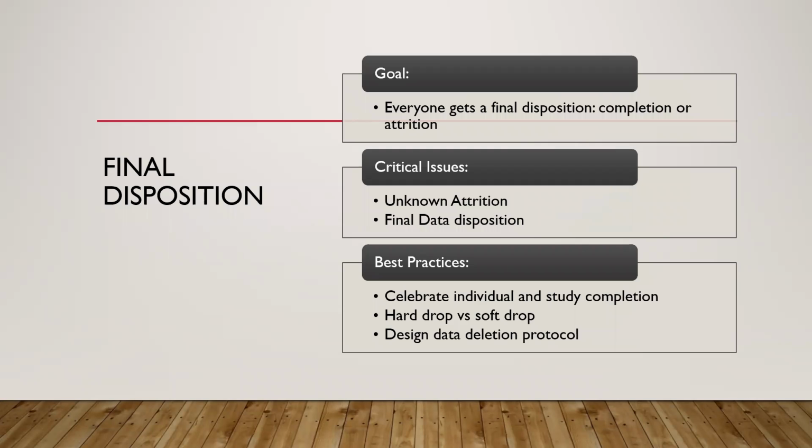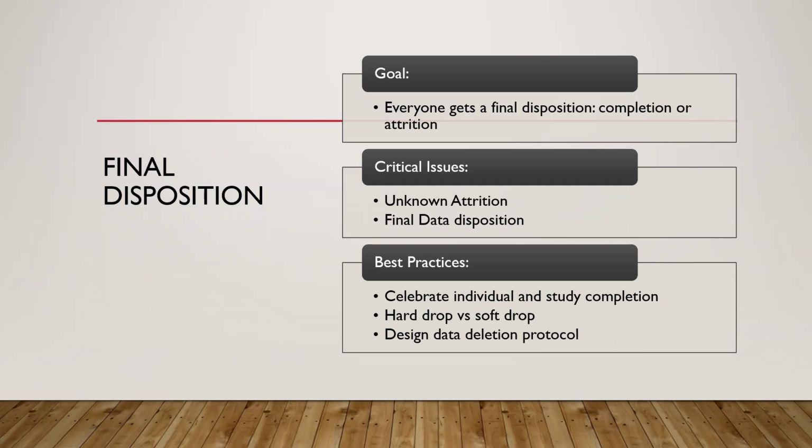Hard drop is really about getting that early, clear definition of attrition for those who need it. So if you're doing an intervention study and you want to know whether an intervention works, if somebody doesn't get the whole intervention, it doesn't really count. So you need to have a clear understanding of the attrition, and you need to have a hard drop policy.